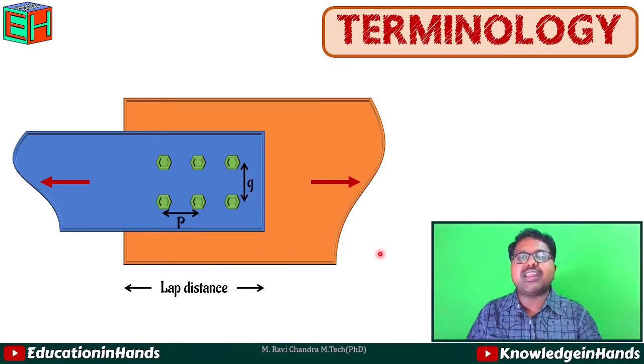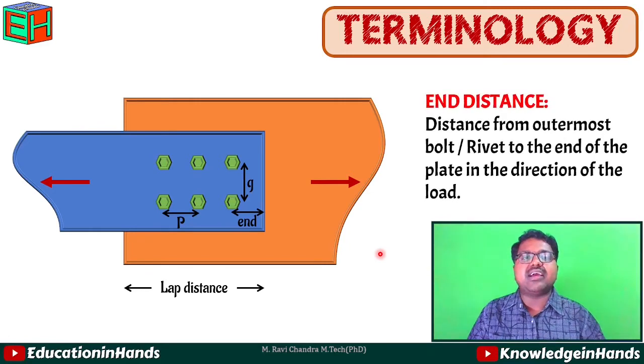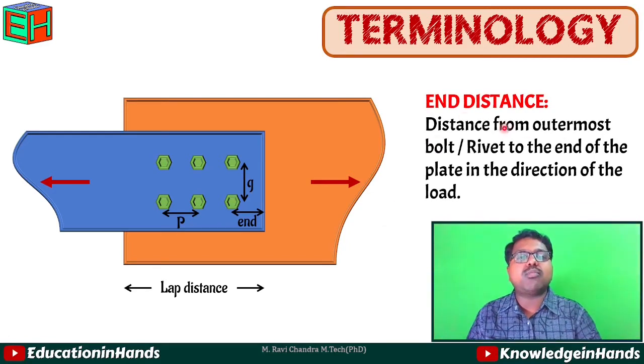Then the next one is end distance. End distance is the distance from the outermost bolt or rivet to the end of the plate in the direction of load. So this is the direction of load. In this direction, the distance measured from the outermost bolt to the edge of the plate is called end distance.